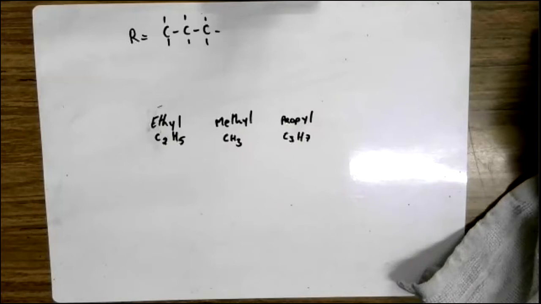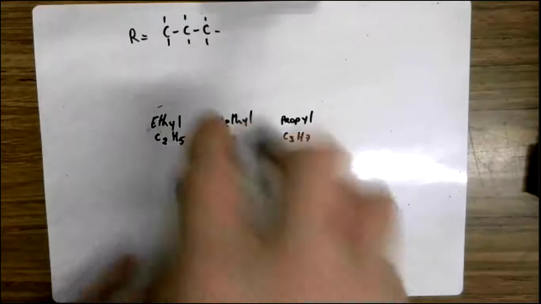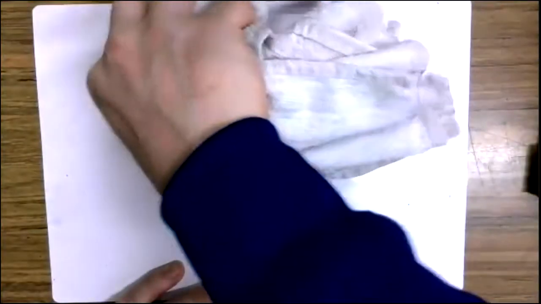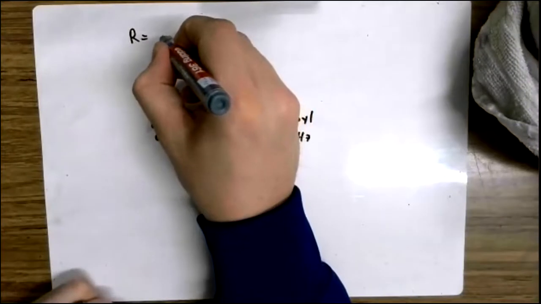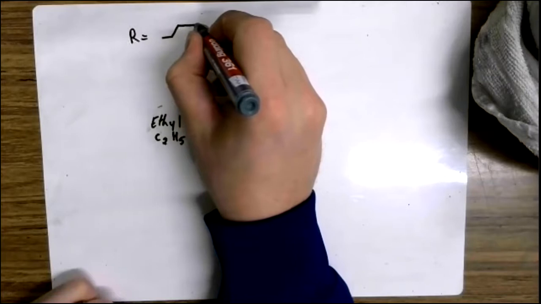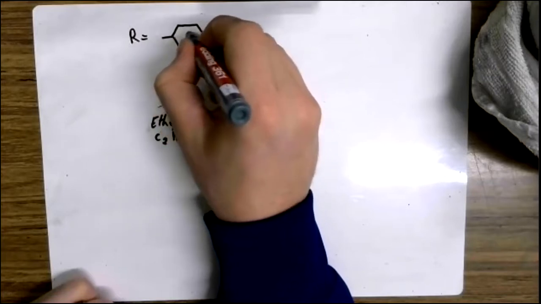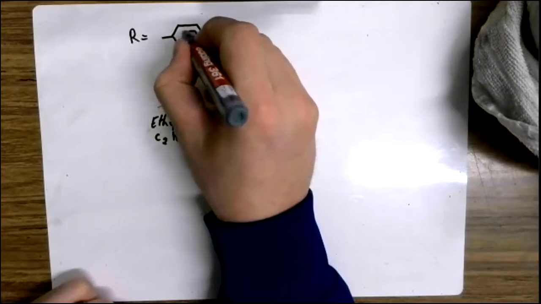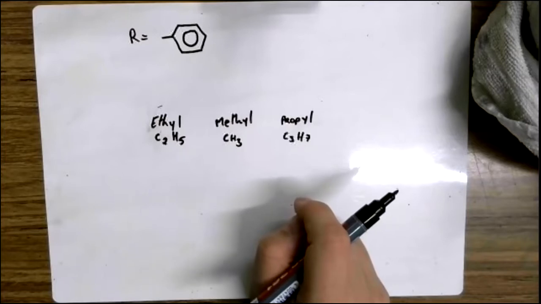Okay, now, another one that we can sometimes see, it's rare that we see this, but we can also see it, is where we've got a benzene ring attached to our main chain.